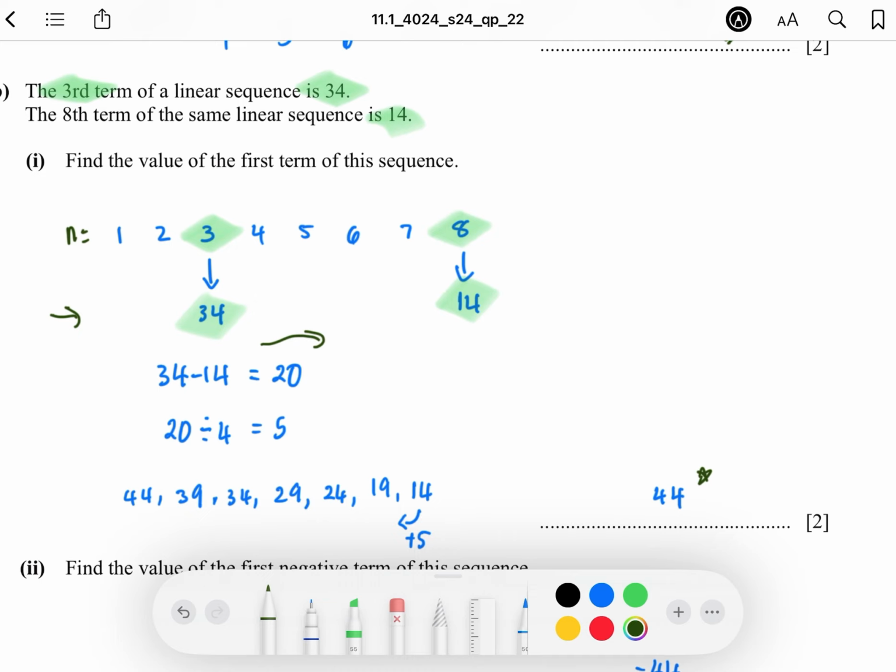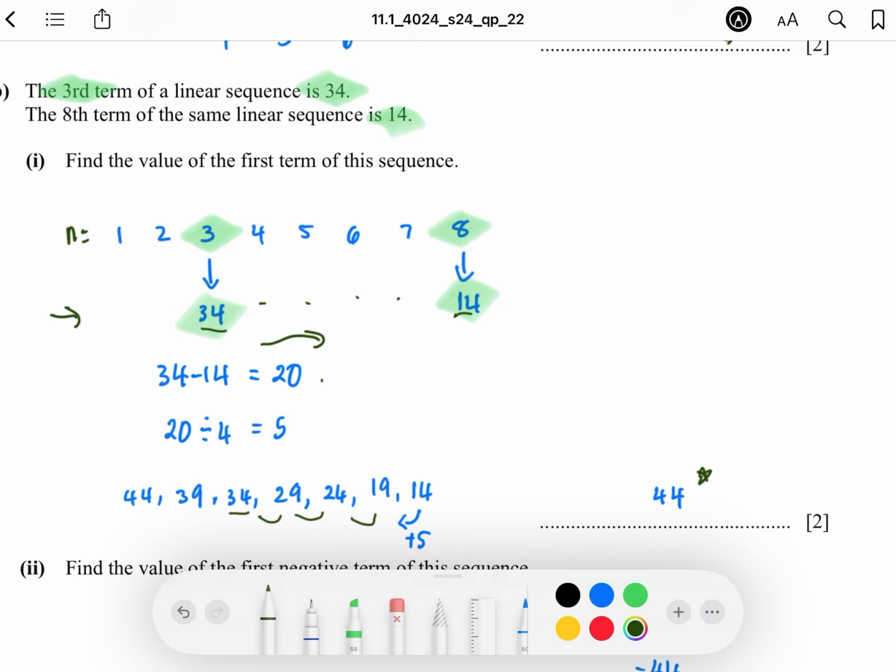Finding the difference between 34 and 14, so the difference is 20, and 20 divided by 4, because 1, 2, 3, 4, so that's 5. So that means from 34, plus 5 plus 5 plus 5, get 14. Let's check.